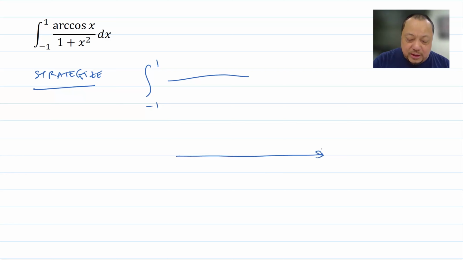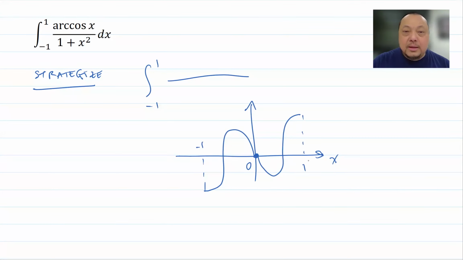So it's sort of a hint that says that maybe you should think about the parity of the function. Because if you had a function that is an odd function, is symmetric across the point 0, 0, and you take the integral from -1 to 1, the integral of that odd function would be 0, because anything that's positive on one side here will cancel out with the symmetric negative on the other side.